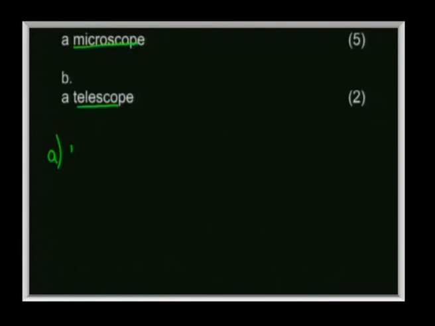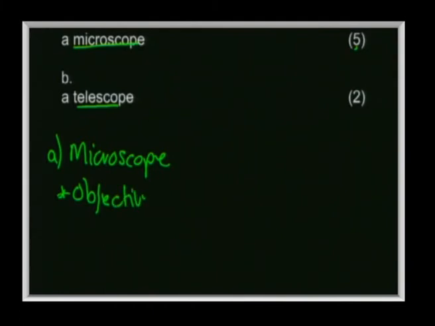So let's look at the microscope first. I'm just going to create space over here. So for a microscope, we know the following. Now, first of all, the objective, and I see it's worth 5 marks, so we're going to look for 5 points over here.